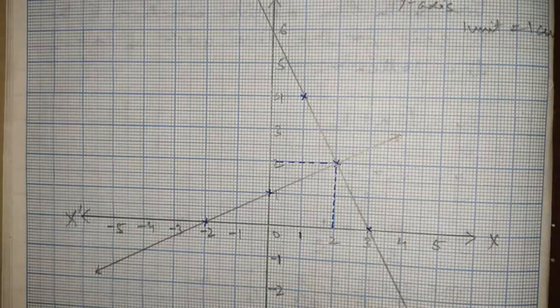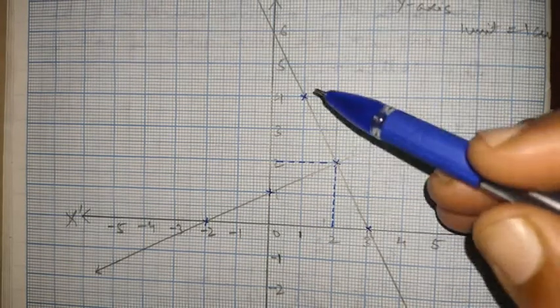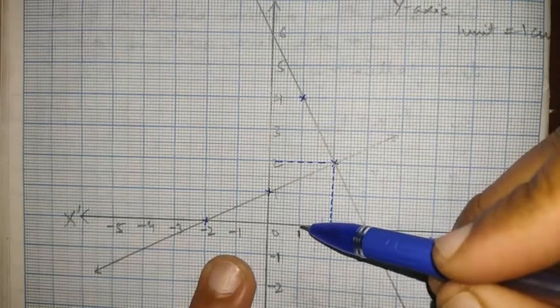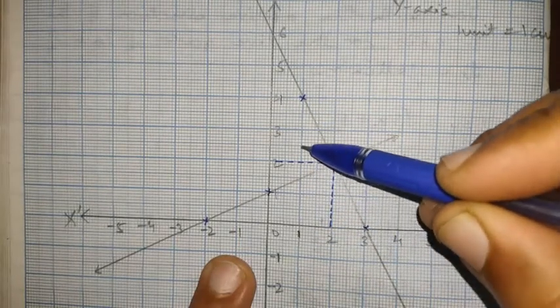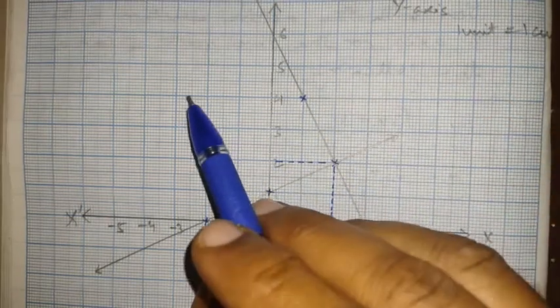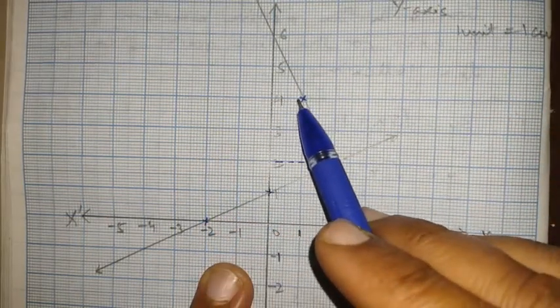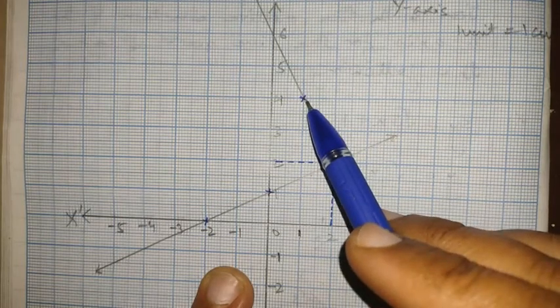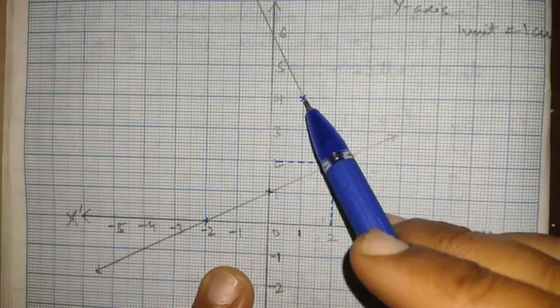Now I've plotted the points. The first point that I've plotted for the first line is (1, 4). This is the vertical line passing through 1, and this is the horizontal line passing through 4. They are meeting over here. I've made a cross over here so that it looks more visible.